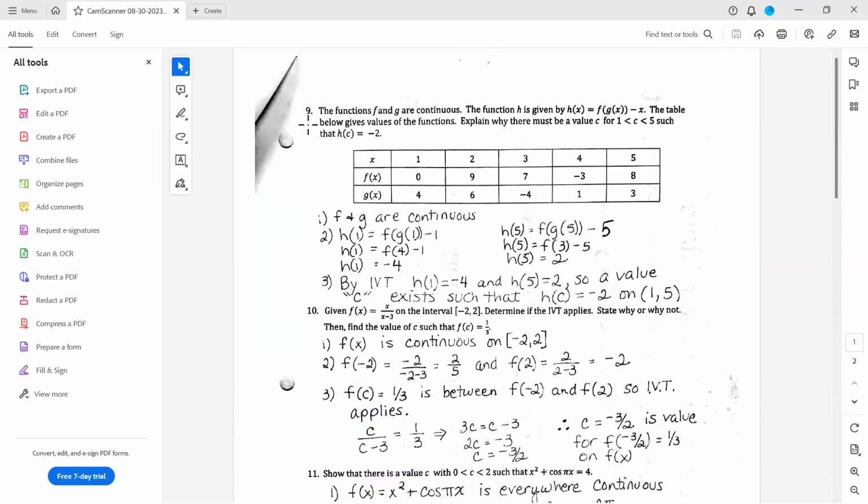First of all, in number 9, do you have a single function, or do you have a composition of functions? A composition of functions. You have a composition.